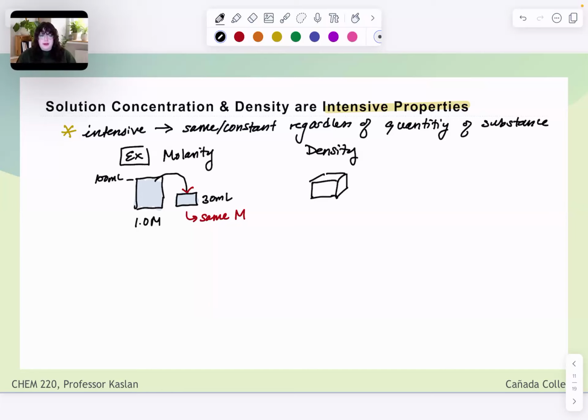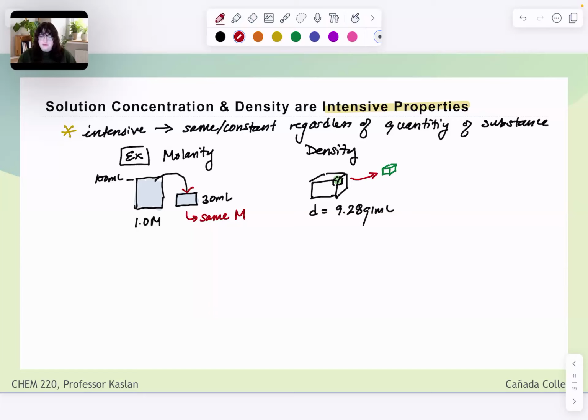So let's say that I've got this cube of metal here, and I know that its density is 9.28 grams per mil. If I were to cut out a little section of that cube, so this little guy, this little section of our cube would have the same density, right?